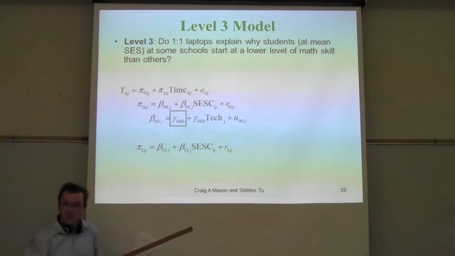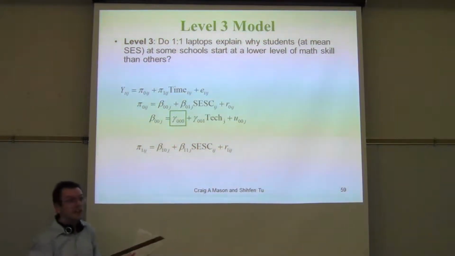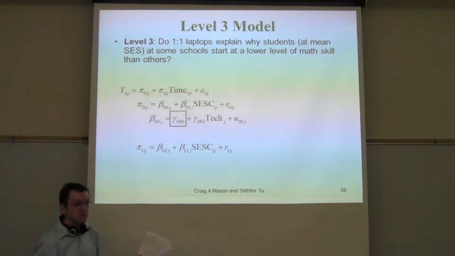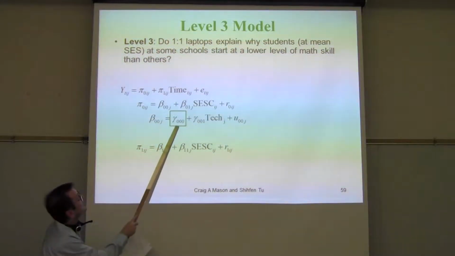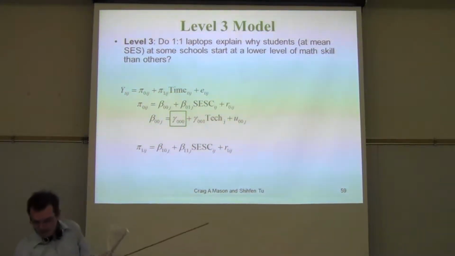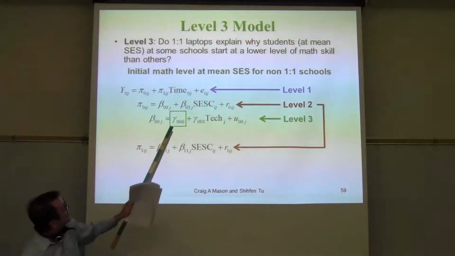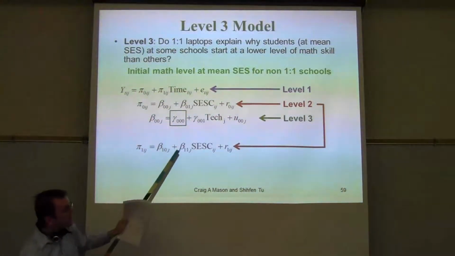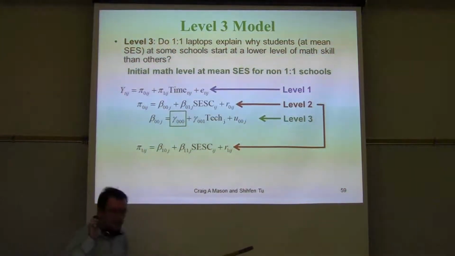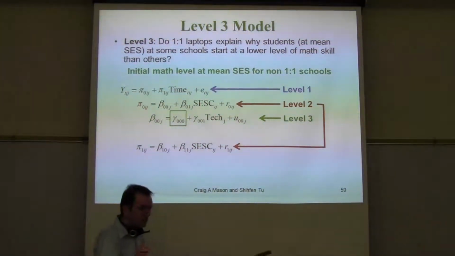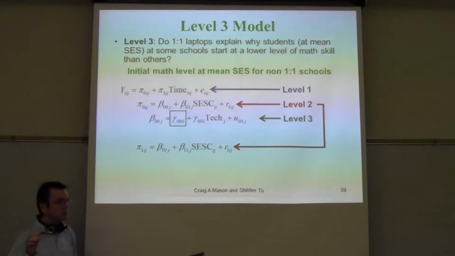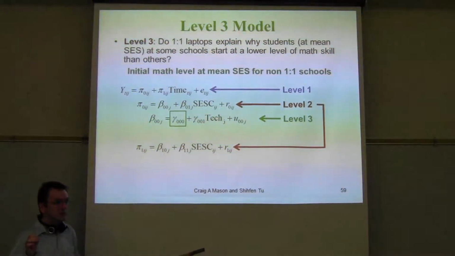When does tech equal 0? That's the non-laptop schools. So gamma 0, 0, 0 is the initial, right? It's that initial level at the mean SES for non-laptop schools. Right?